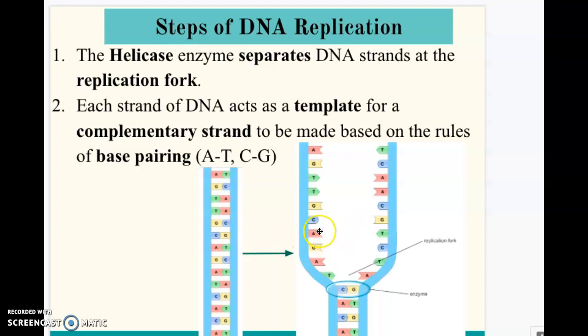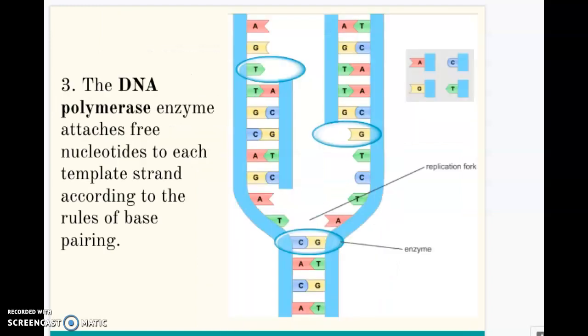If we have an A here, what base do you think is going to attach to it? A T, right? If we have a C here, what base is going to attach? A G, right? So it's going to use those rules of base pairing to make a completely new DNA strand that attaches to this original strand. That's essentially what happens here in step 3.